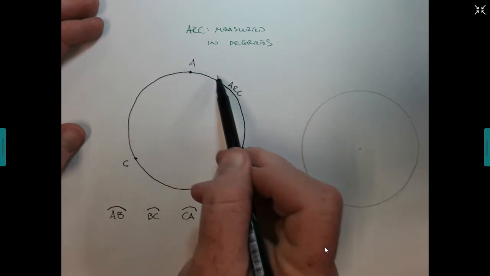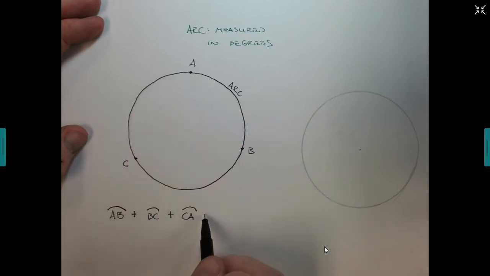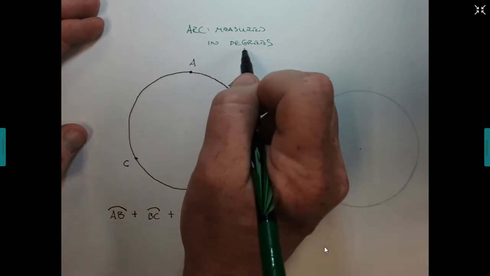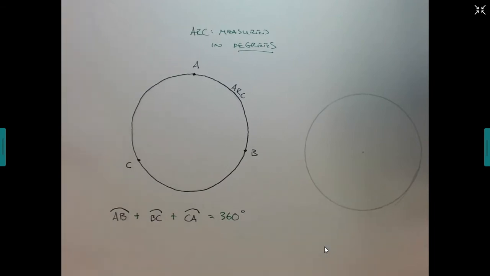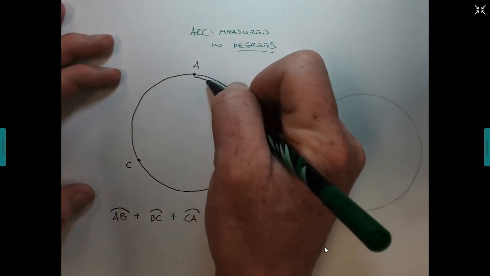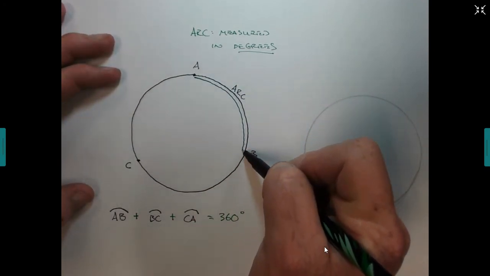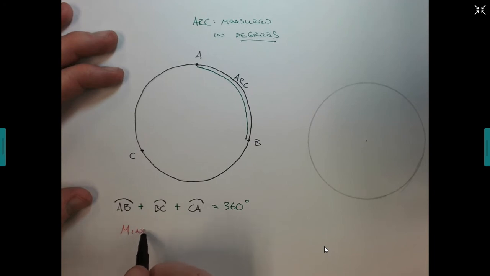But if I took arc AB, added it to arc BC, and then added arc CA, those three arcs would total the entire circle. Well, if we're talking about degrees and we're going one trip around a circle, that's going to be 360 degrees. These arcs here, like arc AB, if it's less than half of the circle, we call that a minor arc.